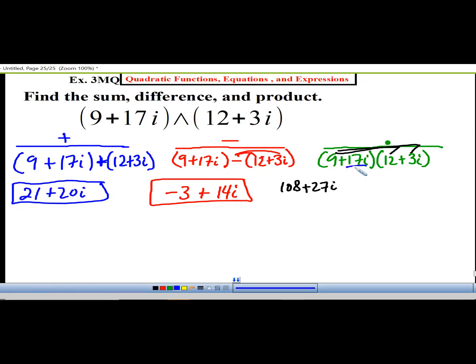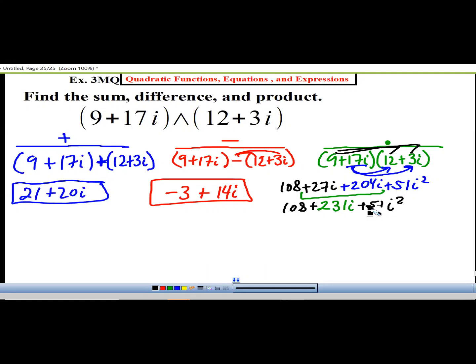Then we distribute the second term: 17i times 12 is positive 204i, and 17i times 3i is positive 51i squared. Can we combine like terms? Yes, right here in the middle. 204 plus 27 is 231i. I'll bring down the rest, which is 108, and then positive 51i squared.